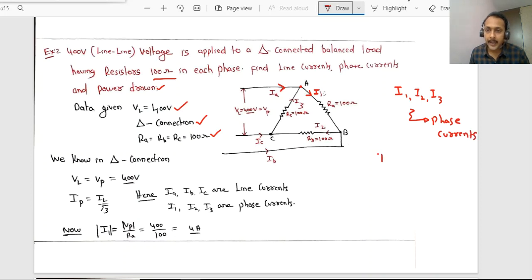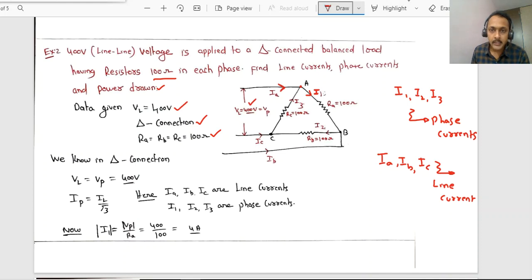Similarly, Ia, Ib and Ic, these three currents are line currents flowing in the lines. Clear?